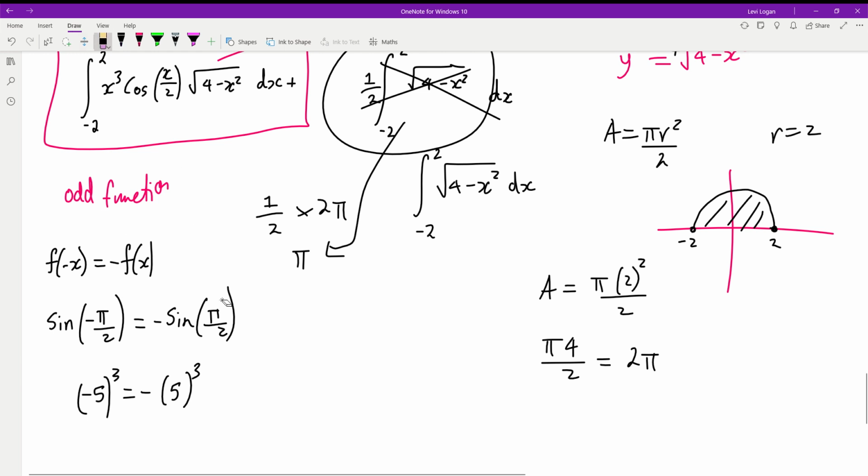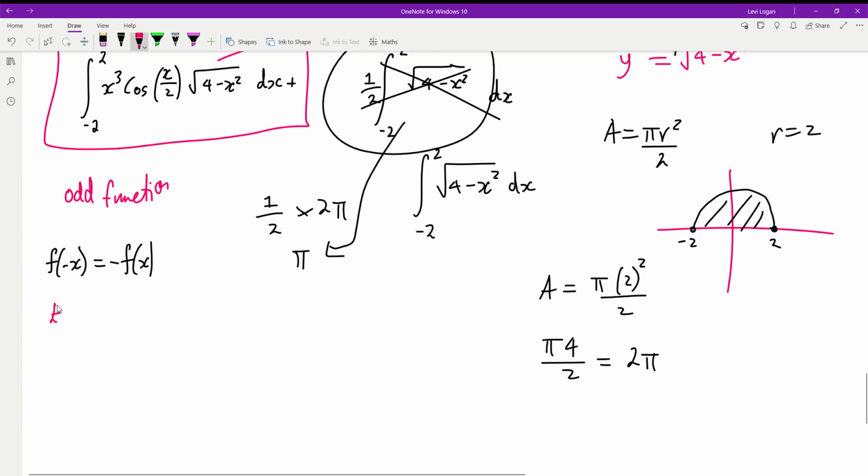And now an even function is, if you input a negative value, that's the same as inputting the positive value of it. So an even function is when f of negative x is the same as f of x.